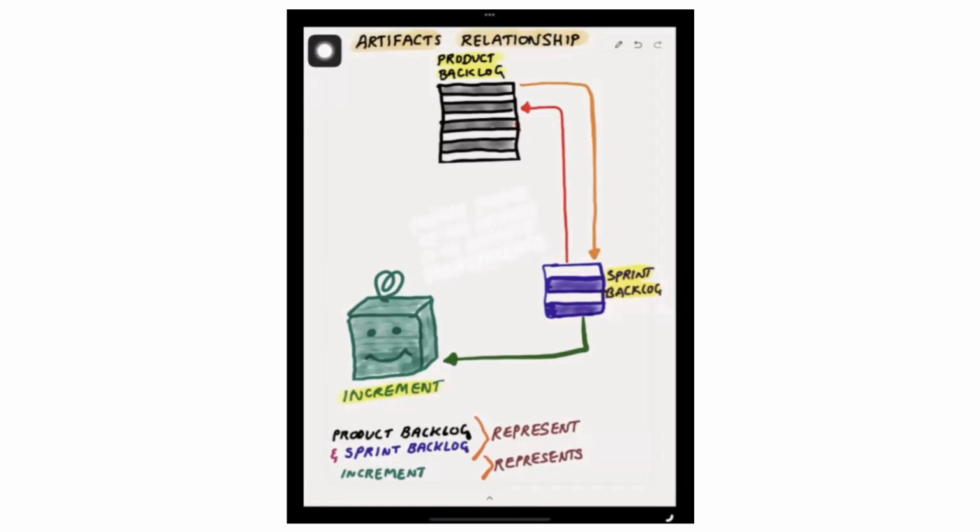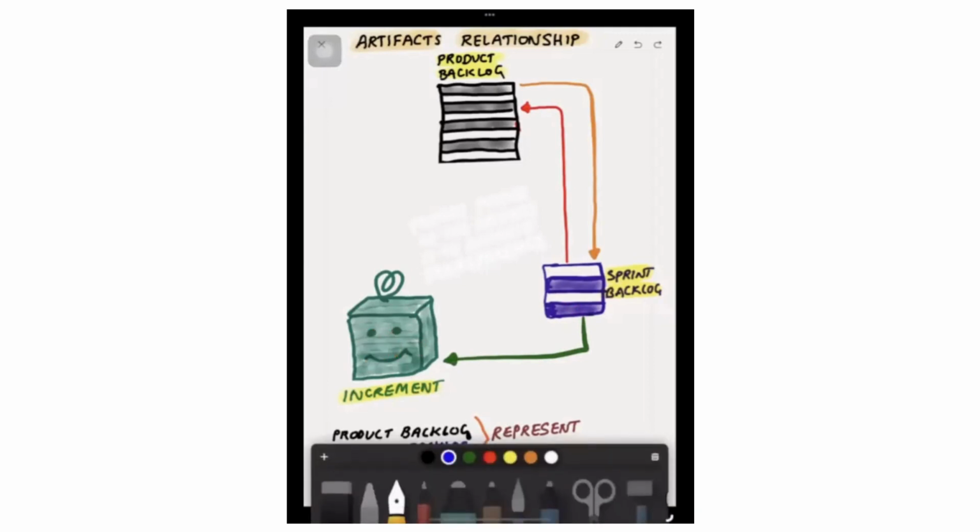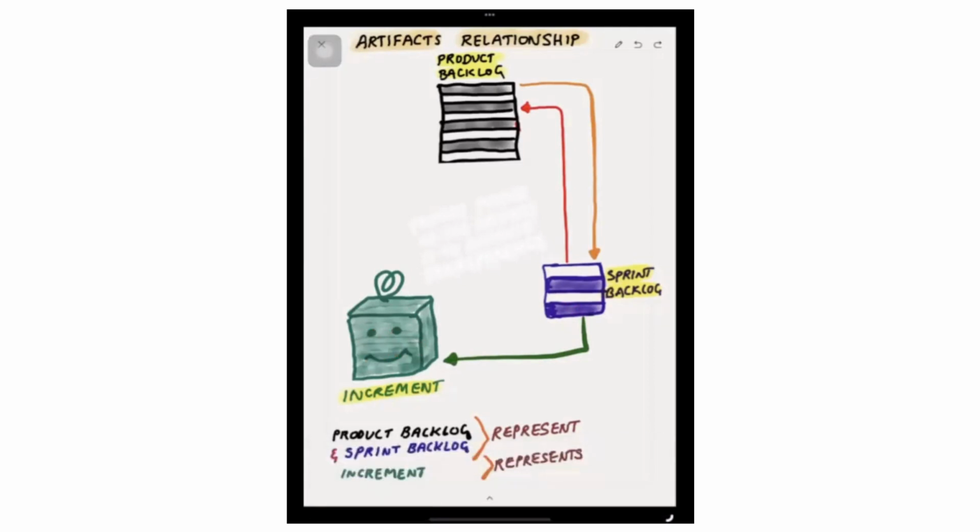On the last day of the sprint, you will take this increment to the sprint review. Whatever feedback you get from the stakeholders, and also throughout the sprint, whatever the product owner wants to improve in the features of the current sprint, that feedback again will be mapped into the product backlog according to the priority.